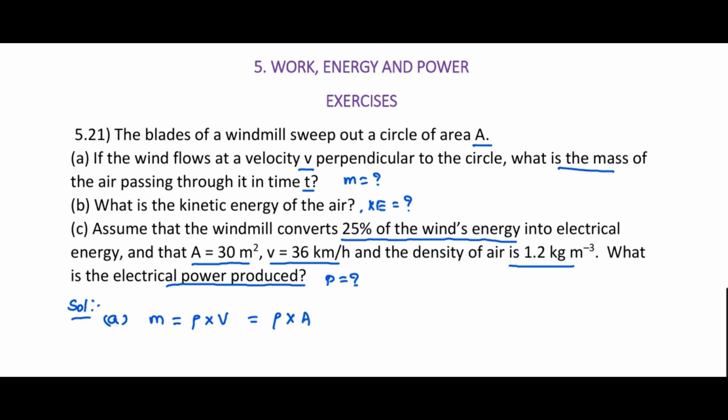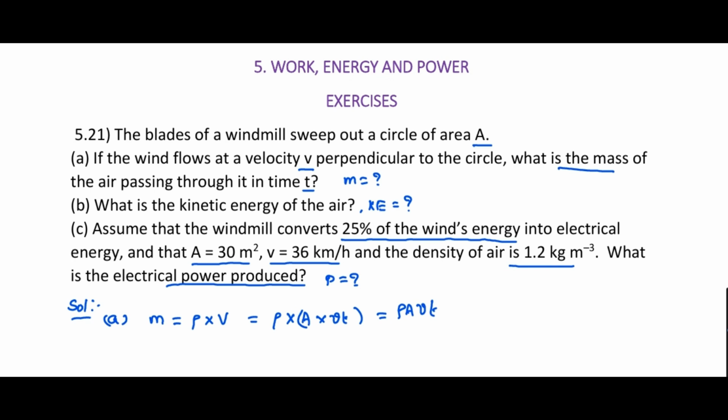So area into the distance covered by the wind, so I am writing area into velocity into time taken. This will give us volume. So that is equal to rho A V T.